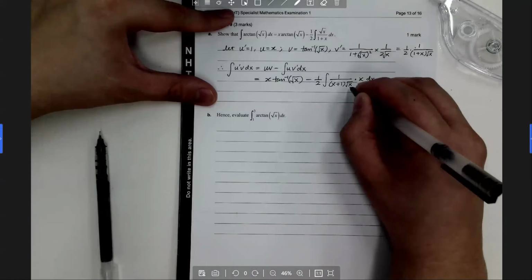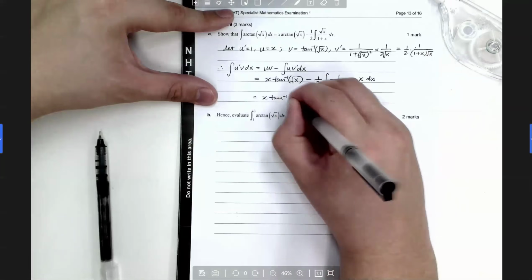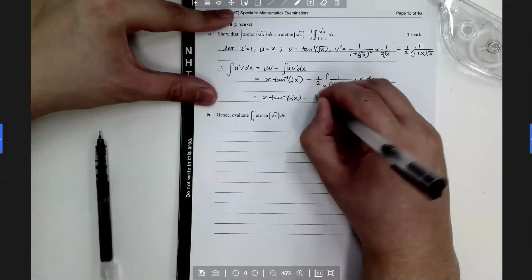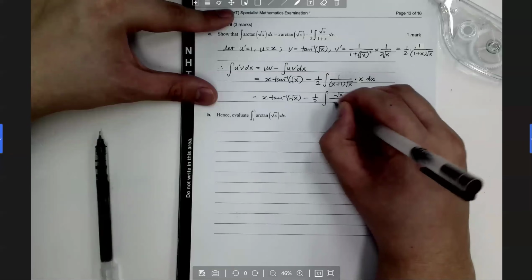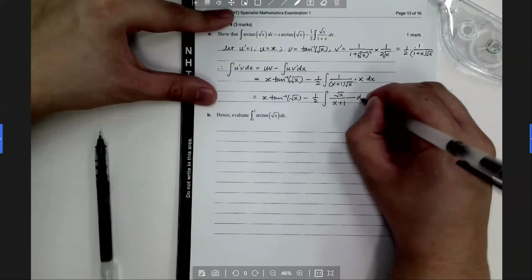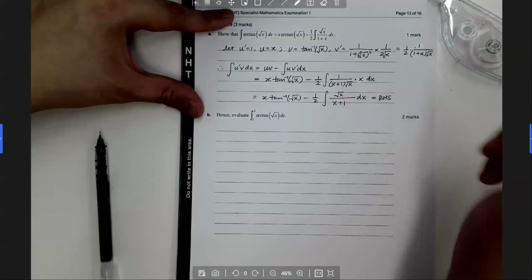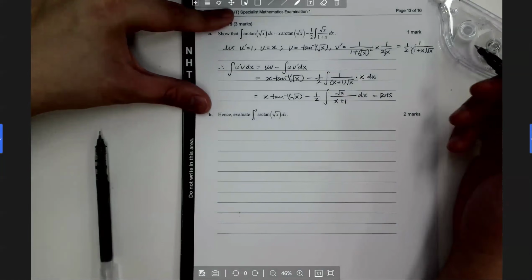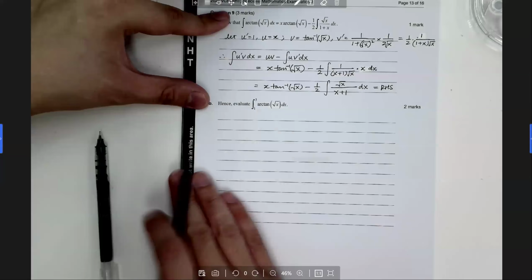Then this x cancels the root x here to give you x tangent inverse root x minus a half integral root x divided by x plus 1 dx. That is equal to my right-hand side. Okay, so that's completely shown. Hence, evaluated 1, 2, 3 arctangent root x.